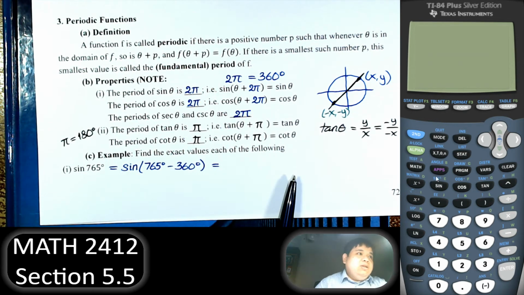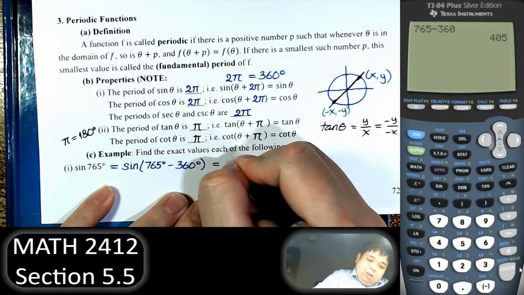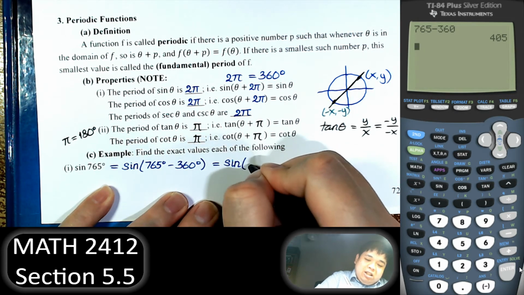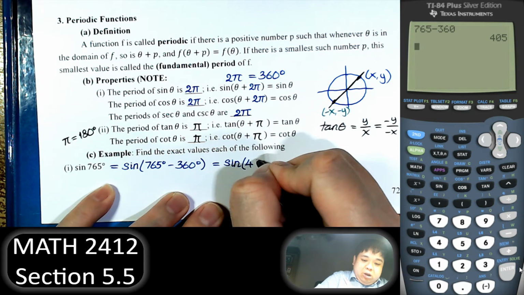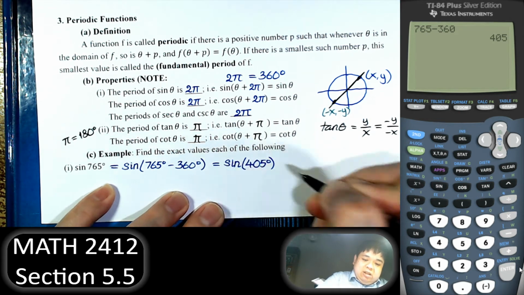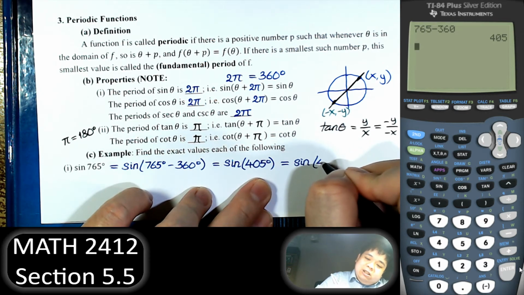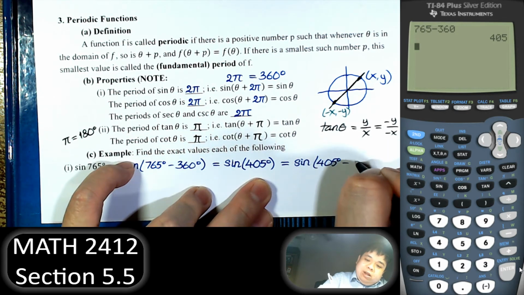What is 765? 765 minus 360. The reason is that it's too big a number, so I try to bring this into a number between 0 and 360. That's still too big. We can also subtract 360.